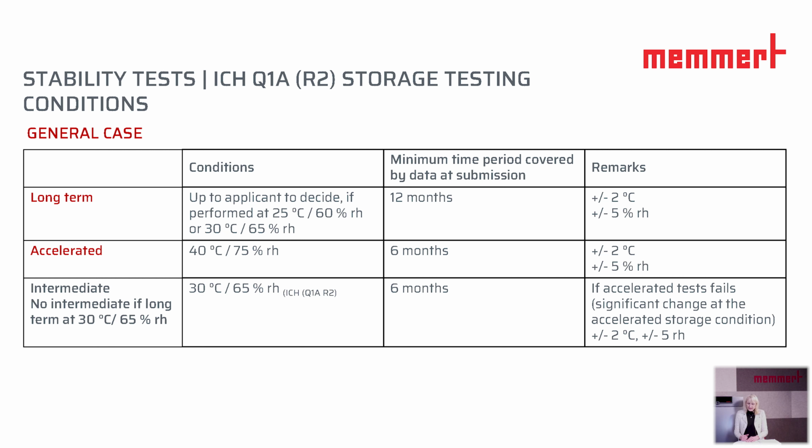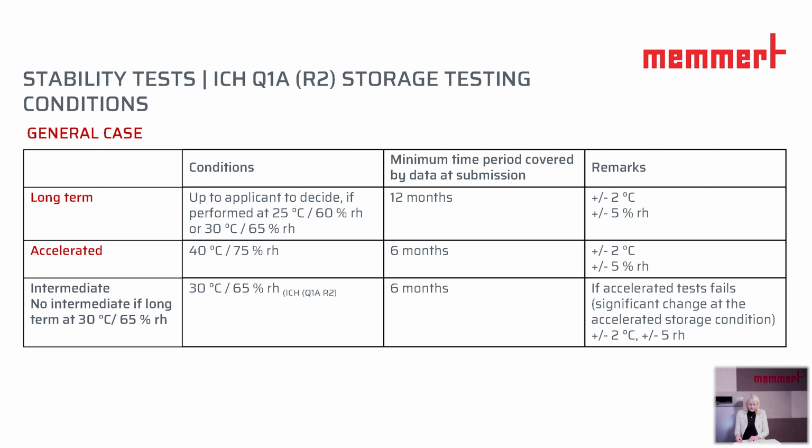Then it means every 6 months the second year, and annually thereafter, to cover the full storage and shipment time. The accelerated testing is done at 40 degrees 75%. This is 6 months for the registration purposes. And here we also have remarks of plus minus 2 degrees and plus minus 5% RH.